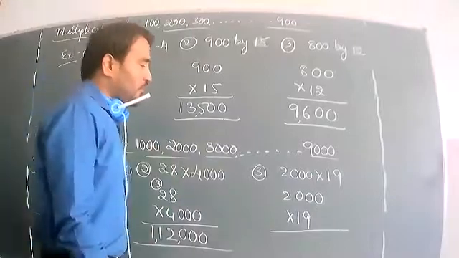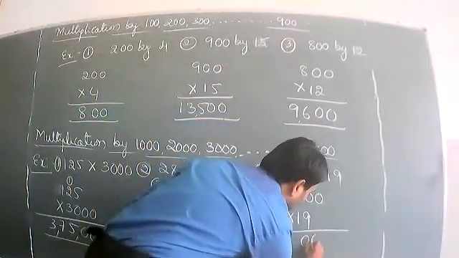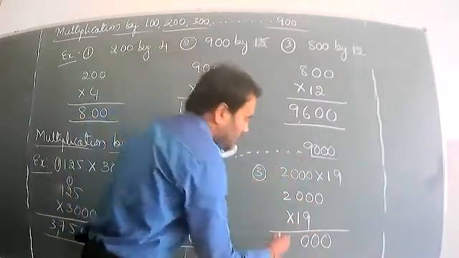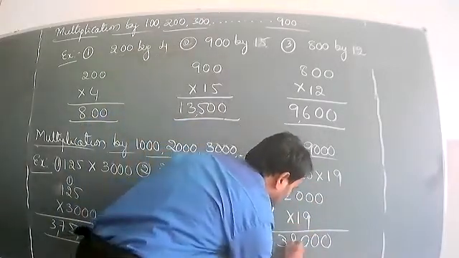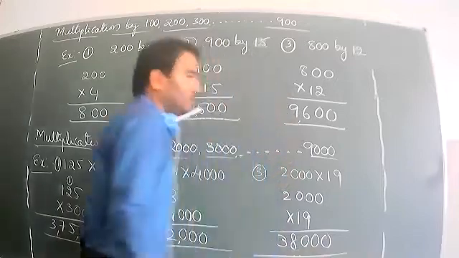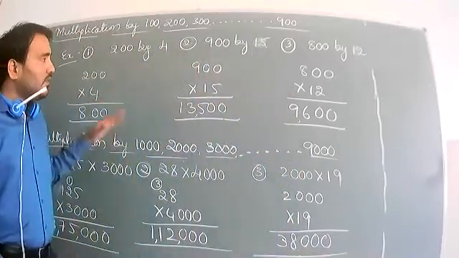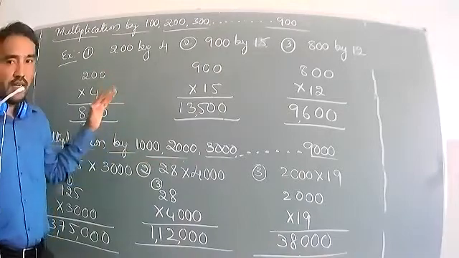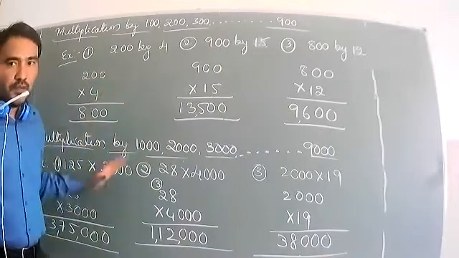First, how many zeros? First we put 1 2 3. Next, 9 2 the 18, 1 to the 19, 2 19 the 38, so 38,000.